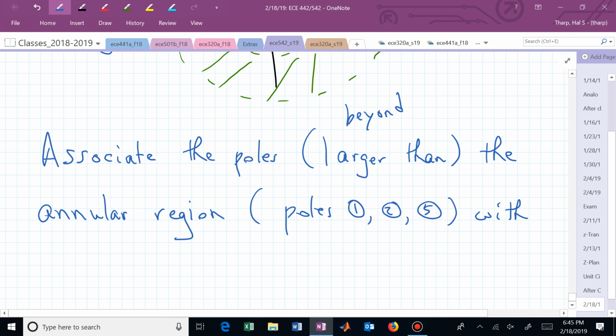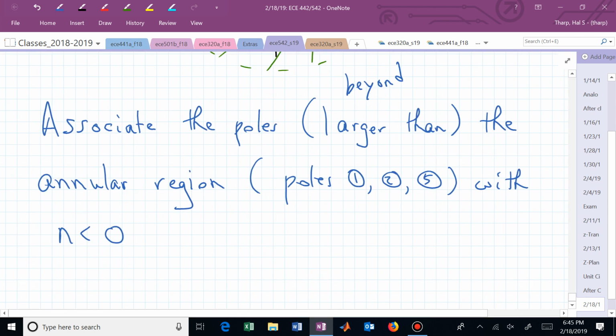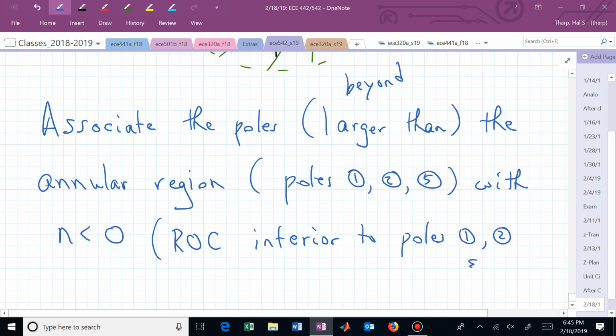What values of n do I associate with those? They're beyond the region of convergence, or they lie outside the region of convergence. In our previous example, those were the anti-causal poles or modes. Or we could say the ROC is interior to poles 1, 2, and 5.